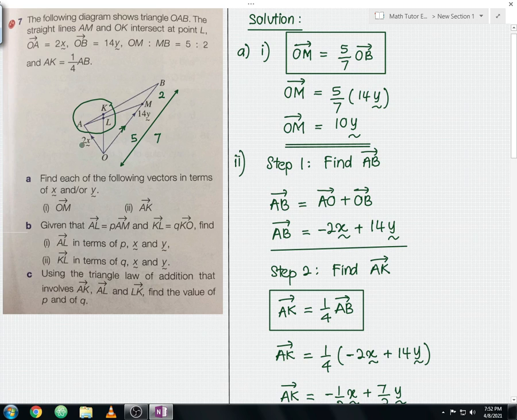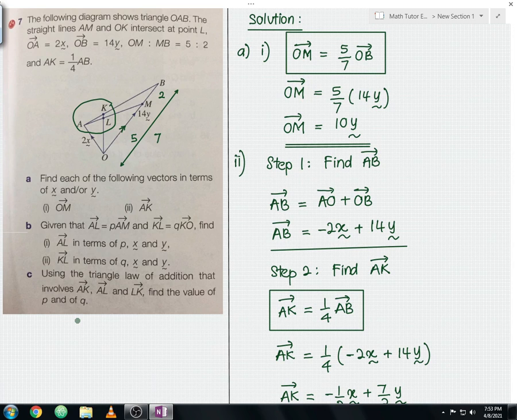From here we need to form the triangle law of addition. It's very simple. Vector AK is the summation of vector AL plus vector LK. This is the triangle law of addition that we need to form, and from there we should be able to find the value of P and of Q. So this will be the working for question part C.